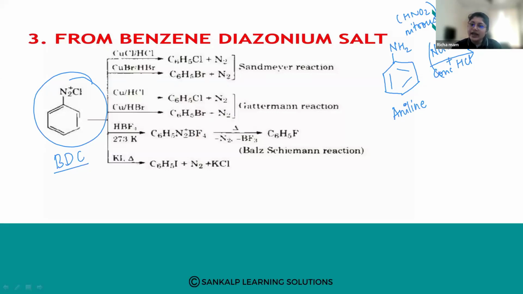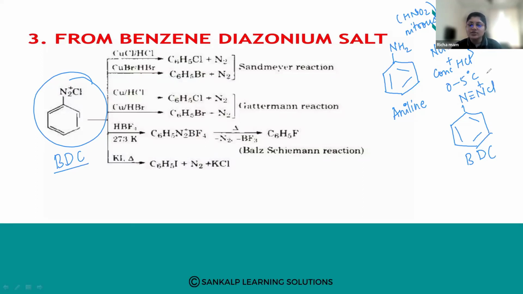When these two react, nitrous acid, HNO2, is formed at 0 to 5 degrees Celsius. If you apply this condition, what you will get is N triple bond N plus Cl minus. So this is your BDC, that is benzene diazonium chloride.